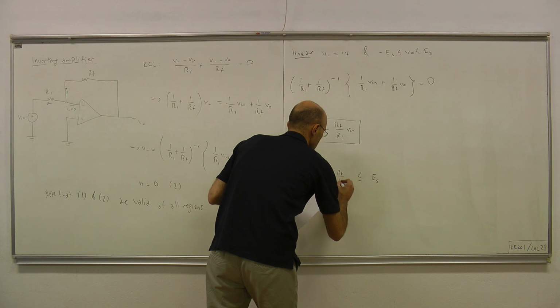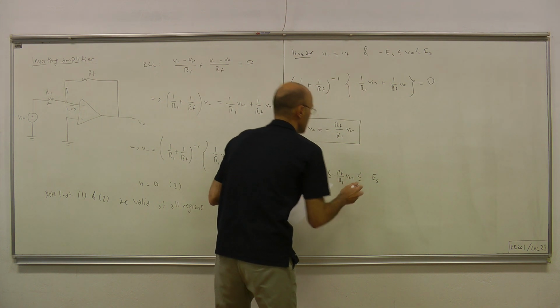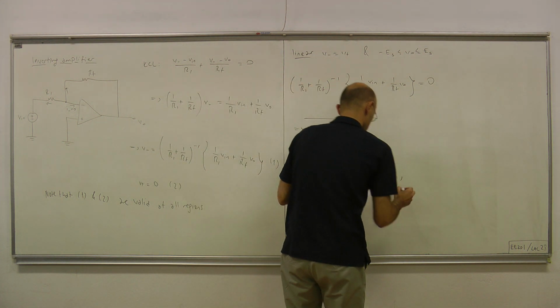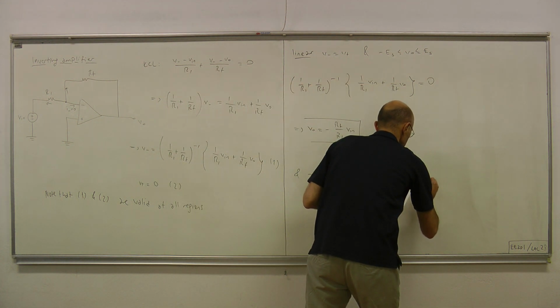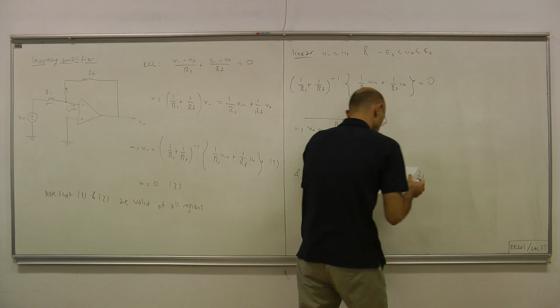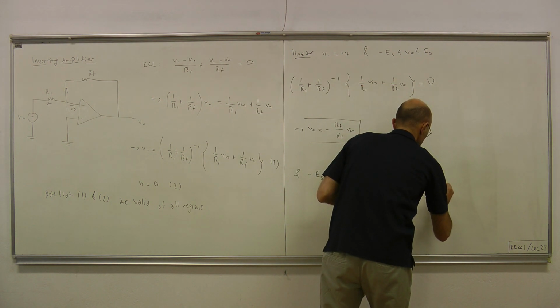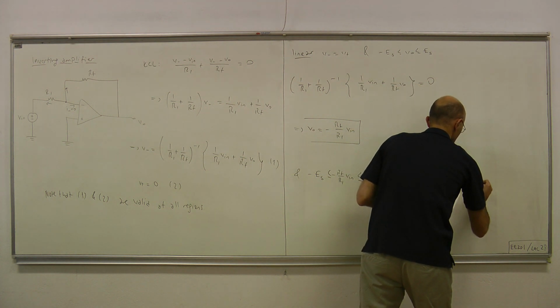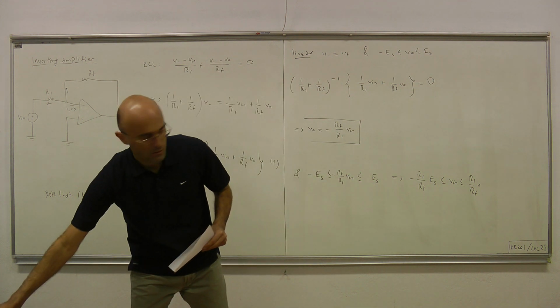Minus RF over R1 V in. And that means minus R1 over RF ES less than or equal to V in less than or equal to R1 over RF ES.